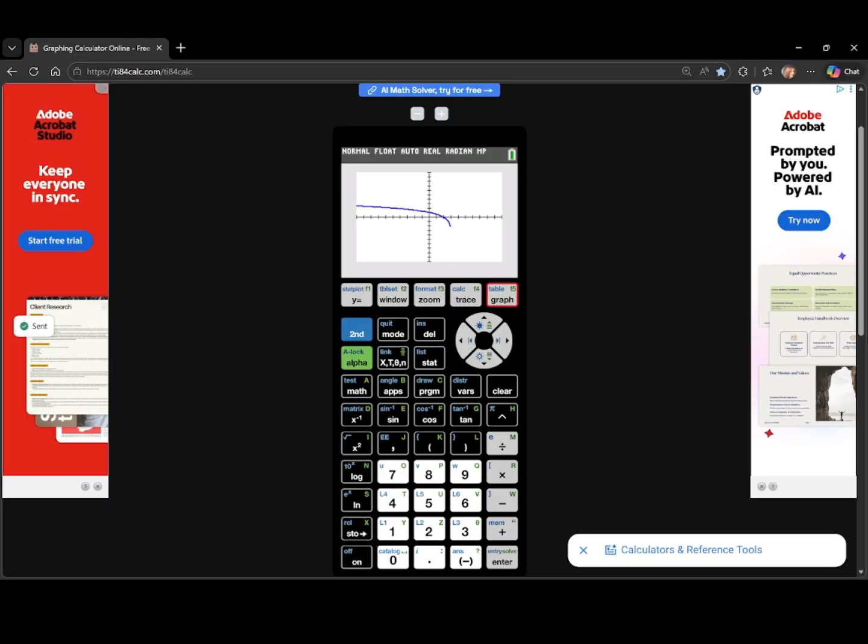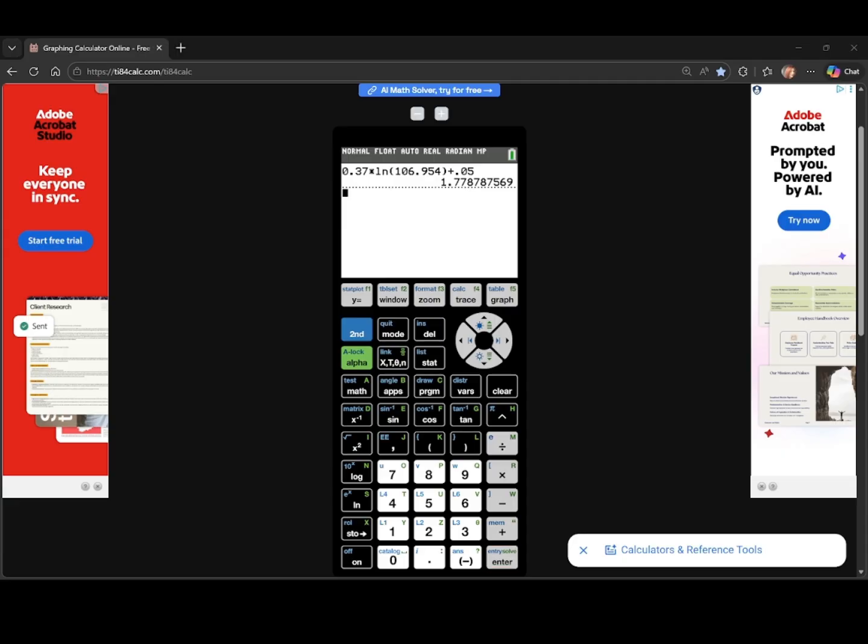Here we are. Clear it out. And we had 0.37 times natural log of 106.954, I believe, plus 0.05. Well, that's 1.7787. So 1.779. I'll write that down.